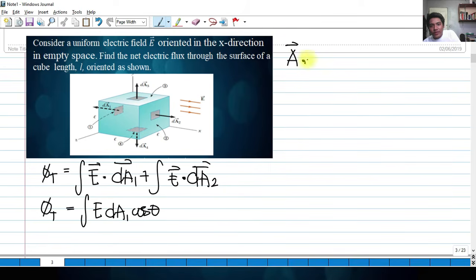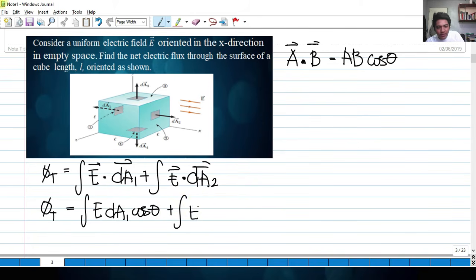If we have two vectors A and B, and we're going to get the dot product of this, we can get the magnitude of A times the magnitude of B times cosine theta. This serves as our electric field, the A, and this serves as our differential area sub 1, which is this. So from this dot product of vectors, we get the magnitudes multiplied by cosine theta. Plus, of course, the integral, we can do the same here.